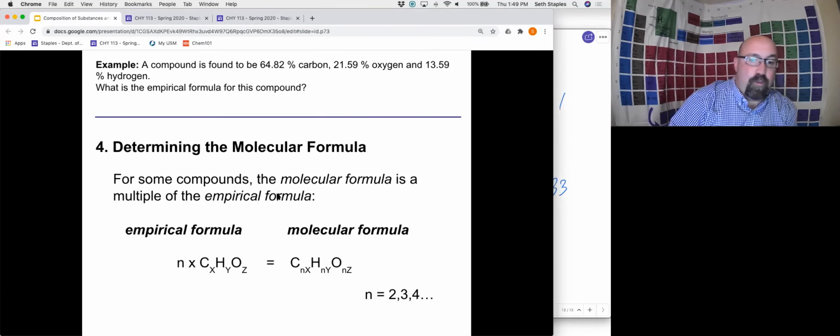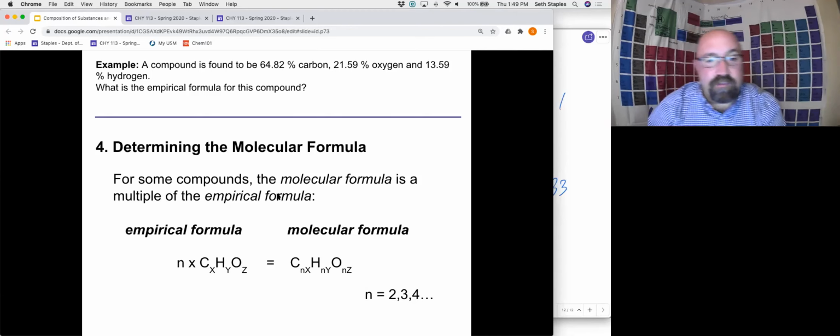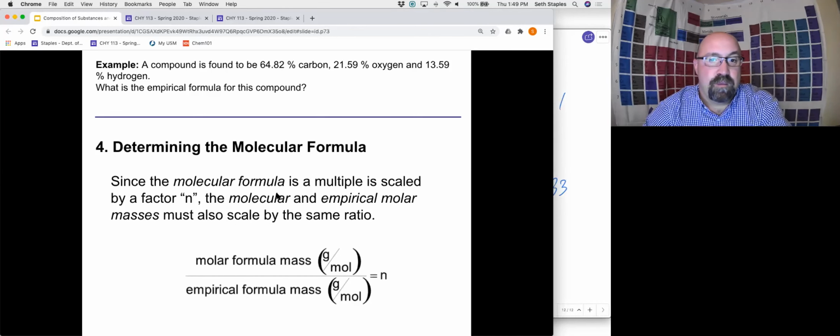Now, we might have some cases where once we find the empirical formula, we also might be given information to calculate the molecular formula from that. To find the molecular formula, you would have to be given the full molar mass of the compound in question.